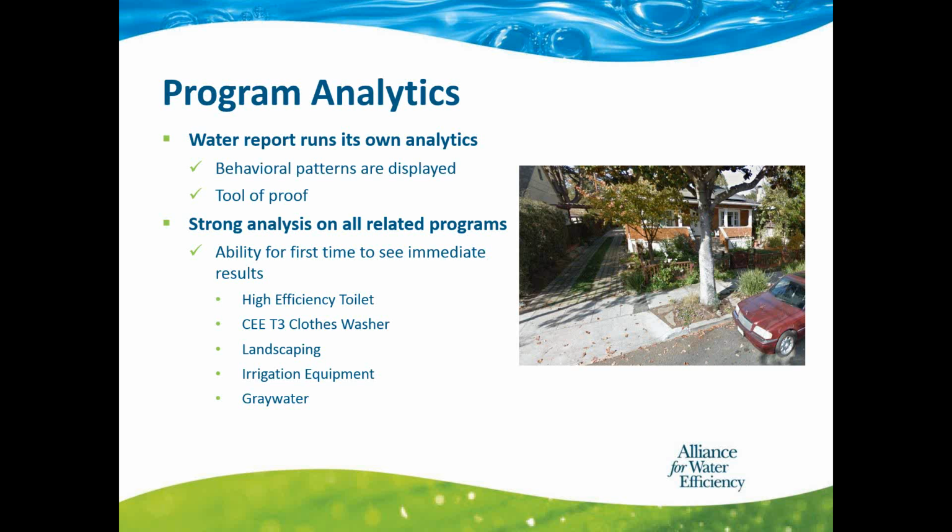And so there's the customer's account number and their name and address, and then say in June of 2013 they replaced their toilet with a toilet upgrade program, and we can actually see, oh, their water use went down, and it went down by this percent, or it went up and the program was ineffective. So we can run analytics on all of our programs like we've never been able to do in the past. The high efficiency toilet, clothes washers, landscaping, irrigation equipment, and now we have a gray water rebate. Next slide, please.